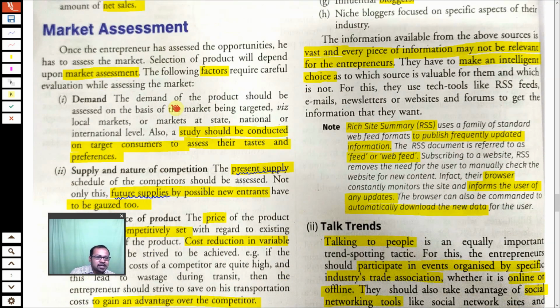So which are the factors to understand the market? Demand is the most important thing. About your target market, you should conduct a study, then you can have an understanding of their tastes and preferences. It will help you to create the demand because your product is exactly as per the requirement of customers.